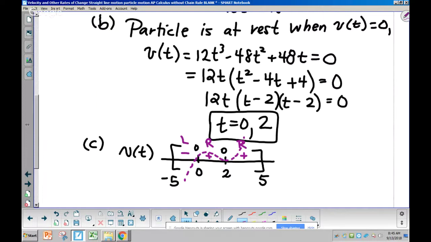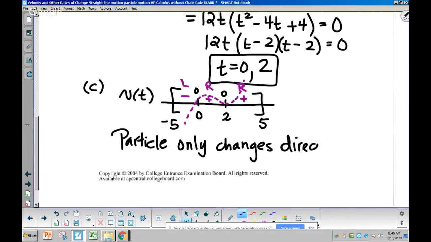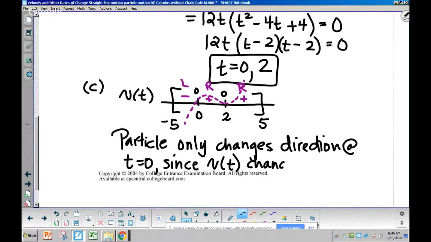The particle only changes direction at t equals 0, since v of t changes signs.